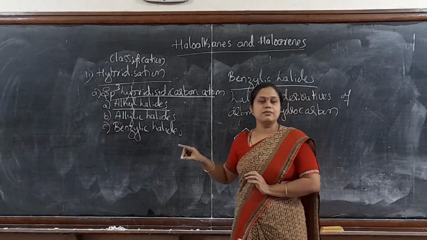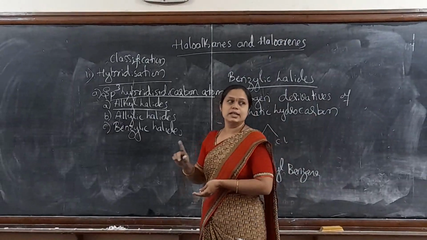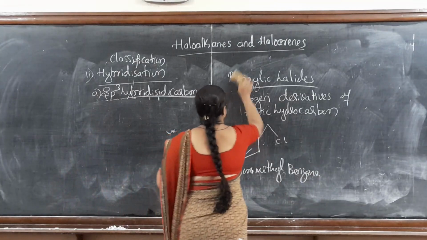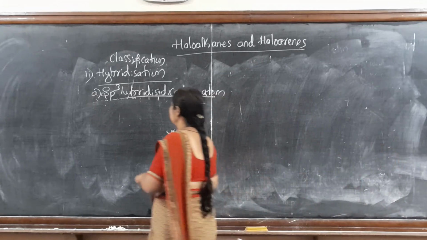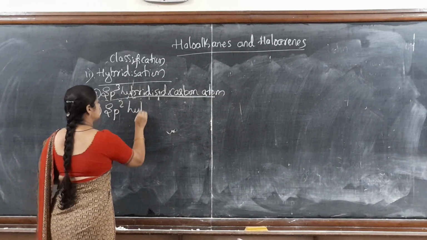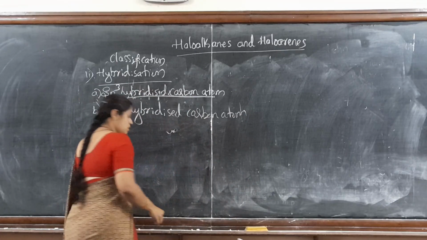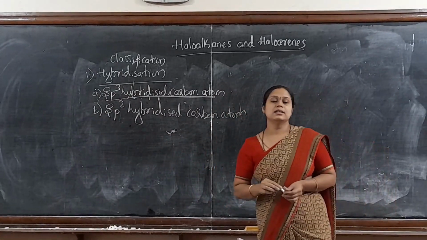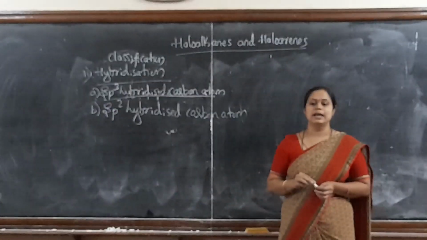Now we will see the classification where the halogen atom is attached to an sp2 hybridized carbon atom. In an sp2 hybridized carbon atom, the halogen is present on the unsaturated carbon atom.